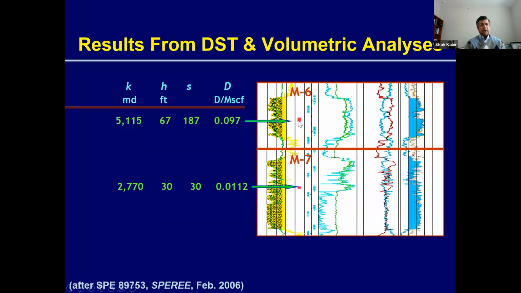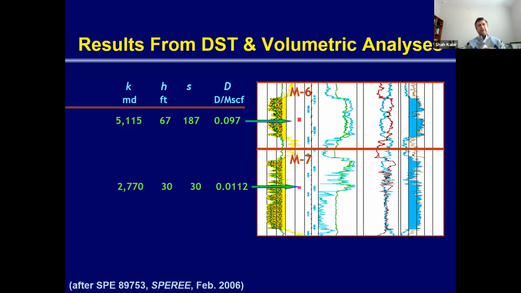And this is another horizon that we investigated, and we found that the permeability is double, thickness is double, and there is huge skin. So the near wellbore system needs to be cleaned up. And then there is a huge non-Darcy skin as well. So yes, the higher the flow rate the better, but then we have to live with this reality that we have huge non-Darcy skin in the system.